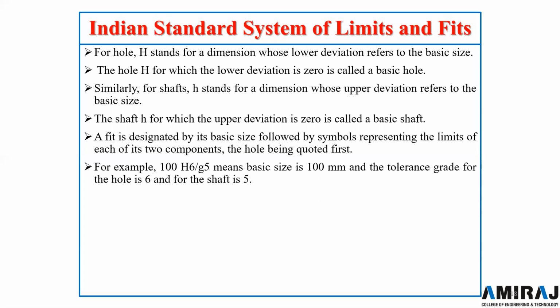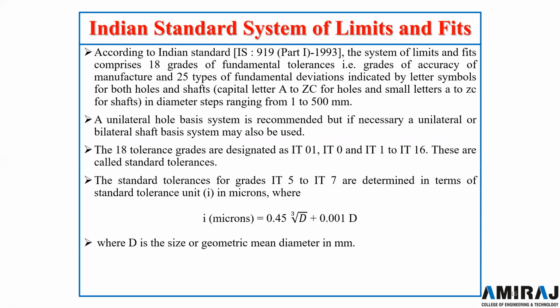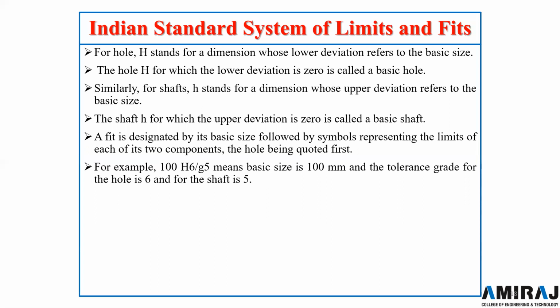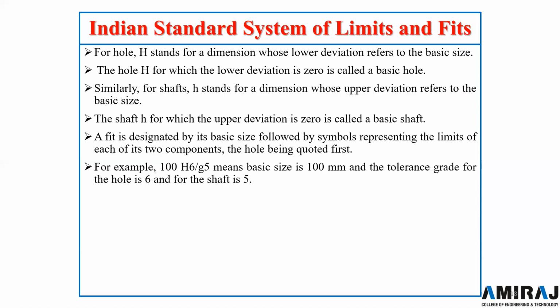Now, how to decide 6 and 5? From here we can use IT6 or IT5. For IT6 the equation is 10i, and i is equal to 0.45 times the cube root of D plus 0.001 D. You can use this equation, and for IT5 it is 7i.